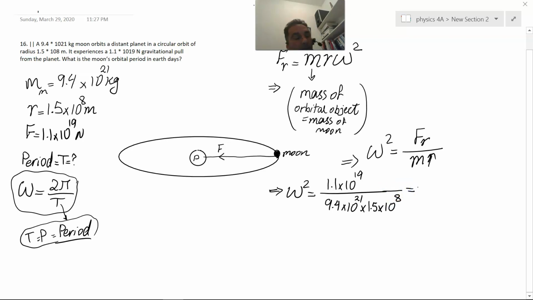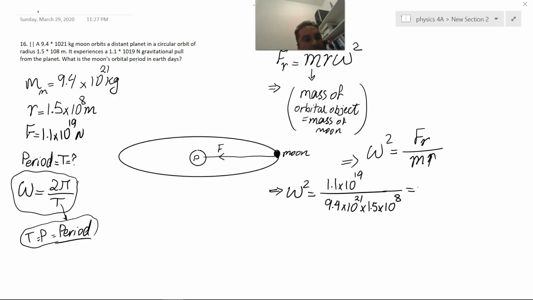If I find this number, 1.1 times 10 to the power of 19 divided by 9.4 divided by 1.5 divided by 10 to the power of 21 plus 8, is that correct?